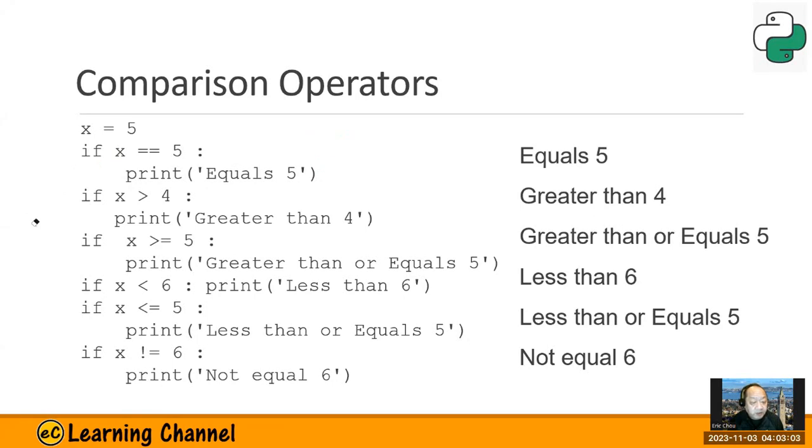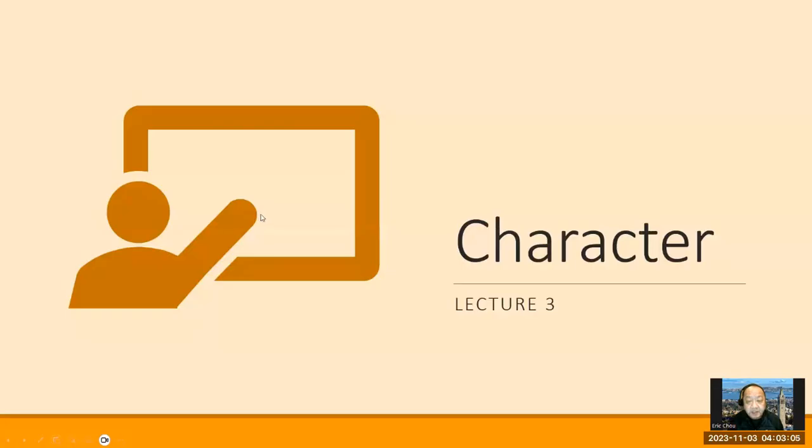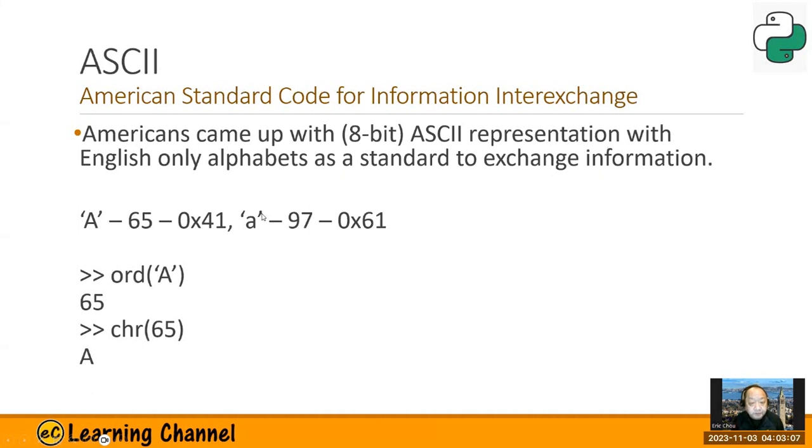So that's the concept of a character. We transmit data by email or store it in the computer, and every English letter has its own representation. We call it ASCII code.